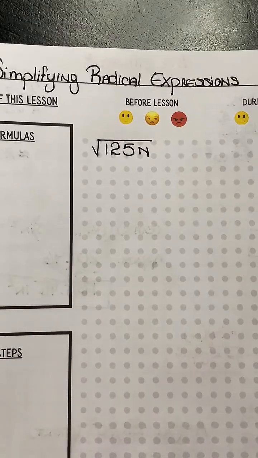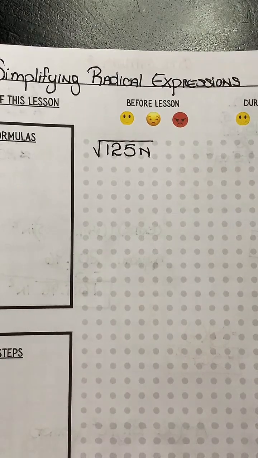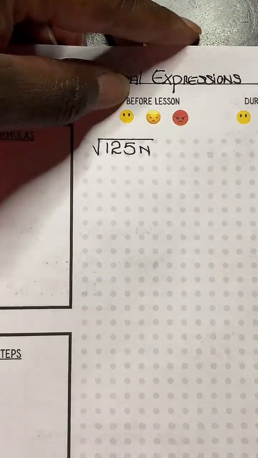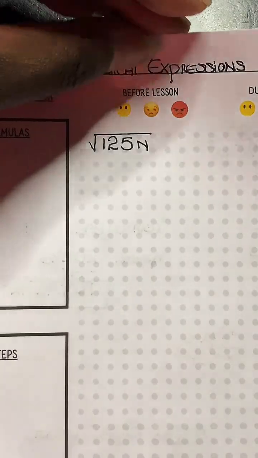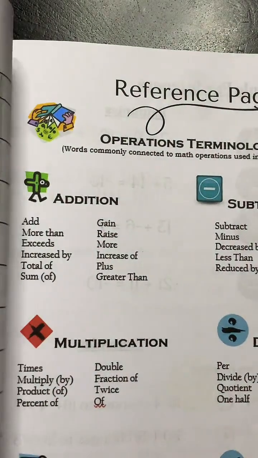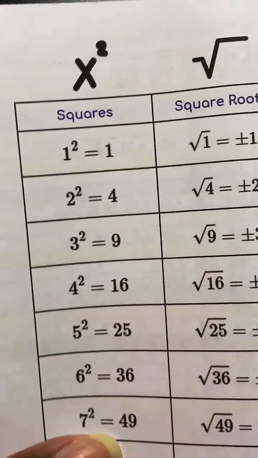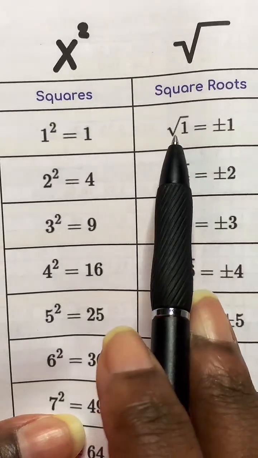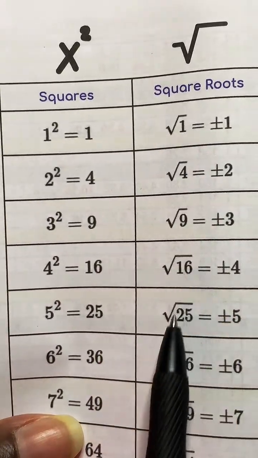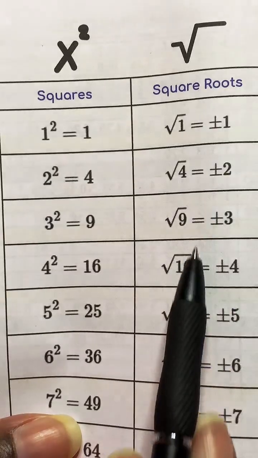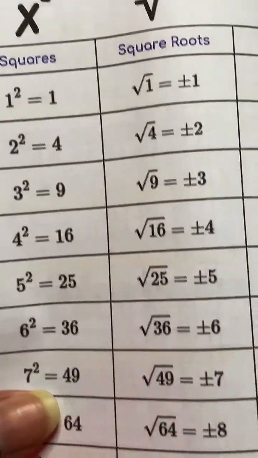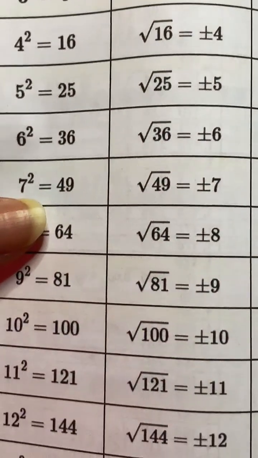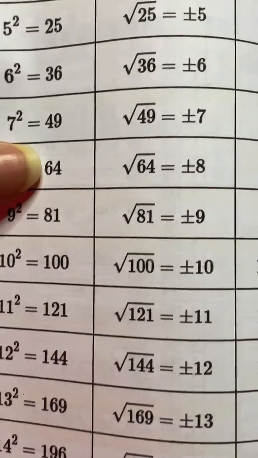When we're breaking down our radicals, we definitely need to understand our perfect squares. So I'm going to come back to my handy dandy notebook, where I have all of the perfect squares, so we can figure out which is going to be best with our 125.